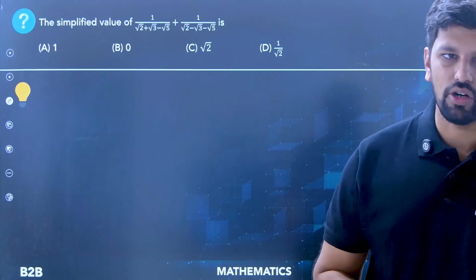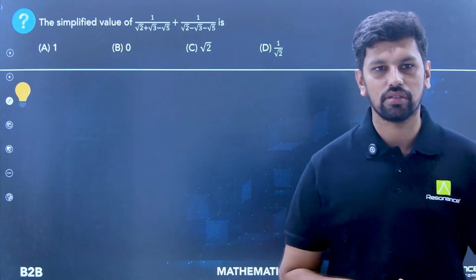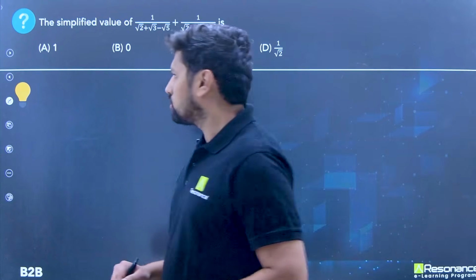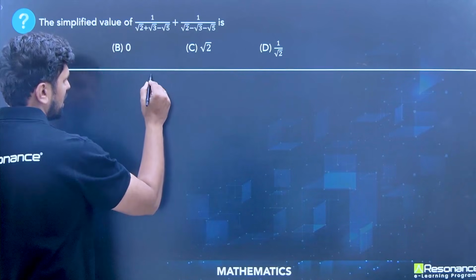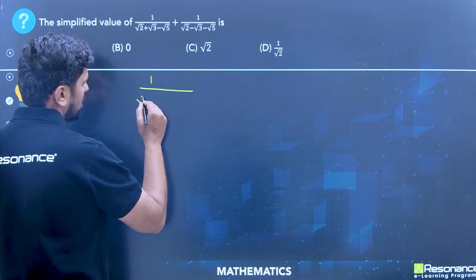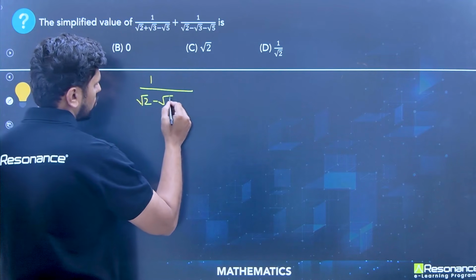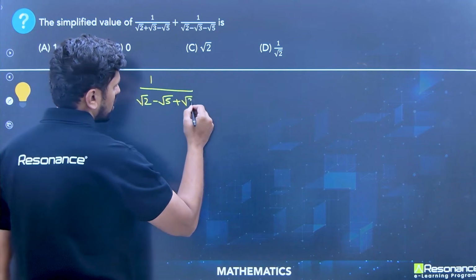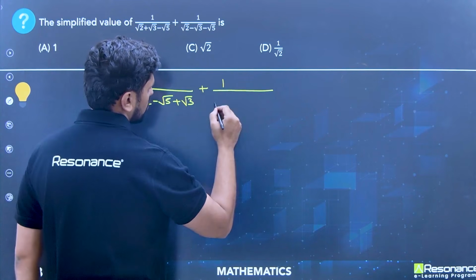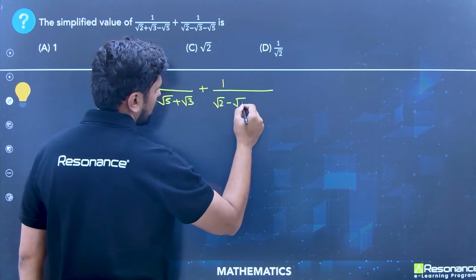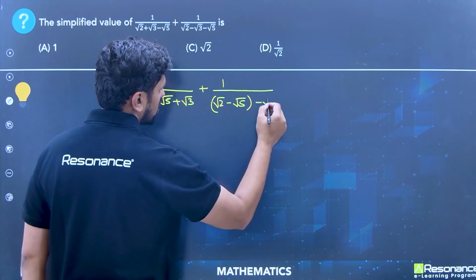C option, D option, D option. Okay. So we will just rearrange it a little bit. It can be written as root 2 minus root 5 plus root 3, and this can be written as root 2 minus root 5 minus root 3.